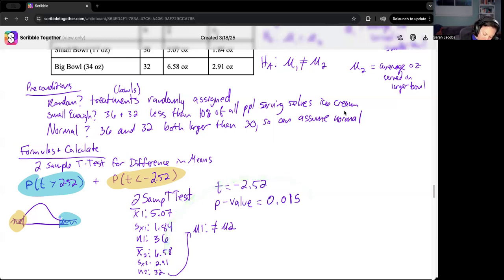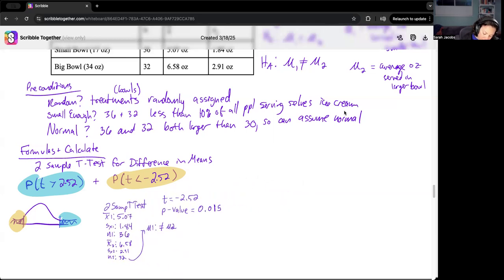Last but not least, we are going to write our conclusion. And we were given a significance level here. How lovely is that? So our conclusion, 2 sentences.